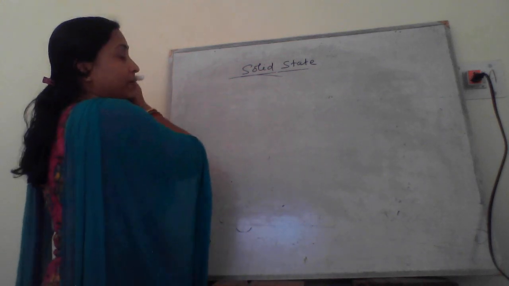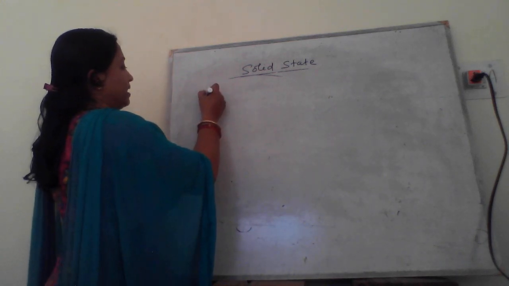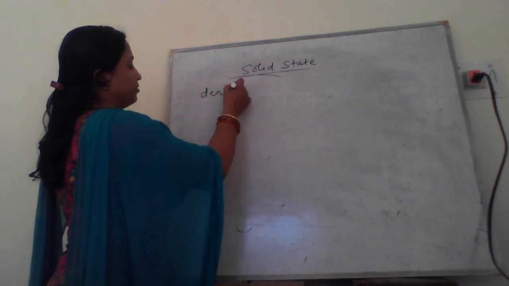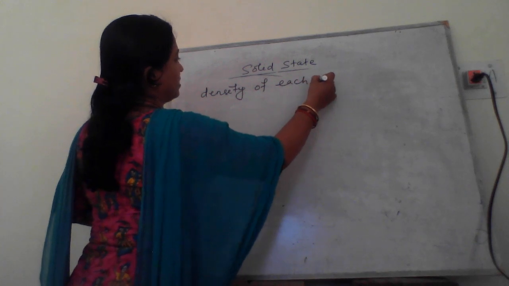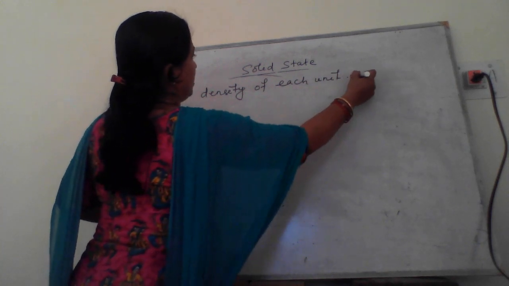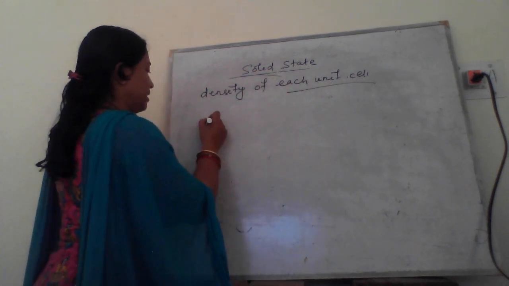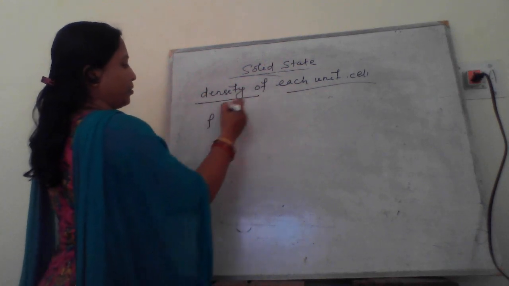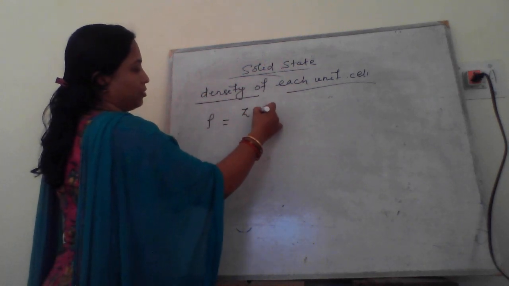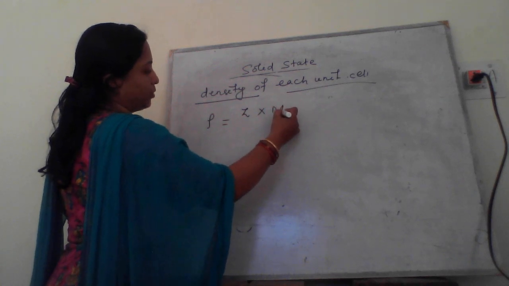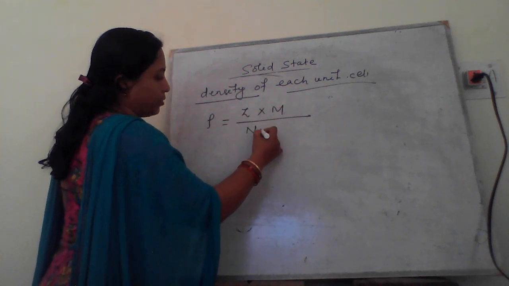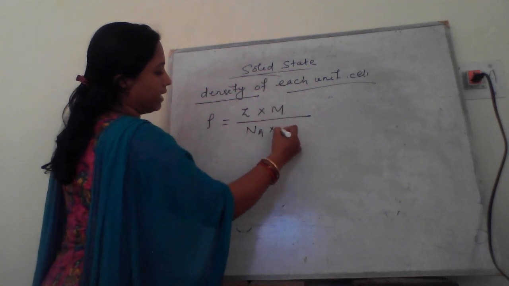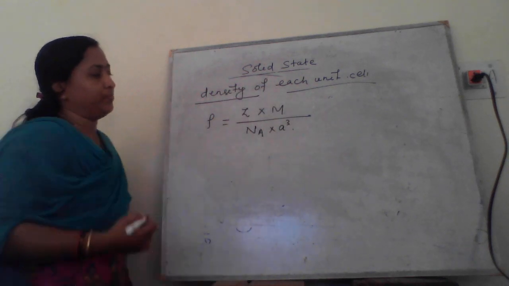Then we derive the density of each unit cell. So here the density is termed as rho, which is equal to Z into M upon N_A into a cubed.